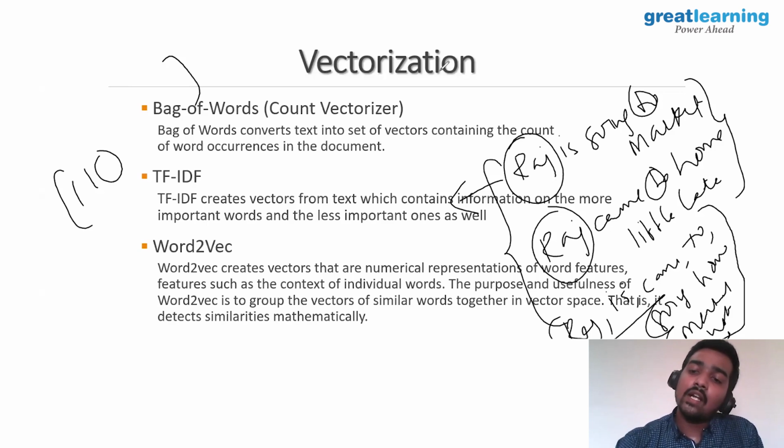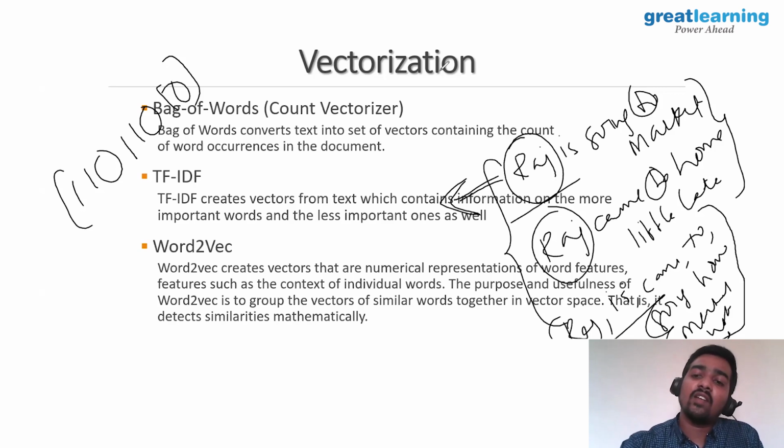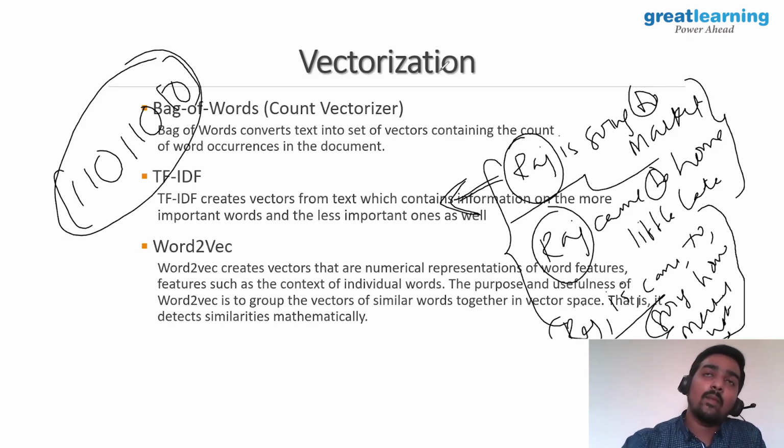To has appeared, so it will be one. Going has appeared, it will be one. Home is not there in this sentence, it's zero. Market is there, it's one. And home is not there here, so it's zero. So the vector representation of the first sentence using bag of words will be something like this. It's a unigram representation.